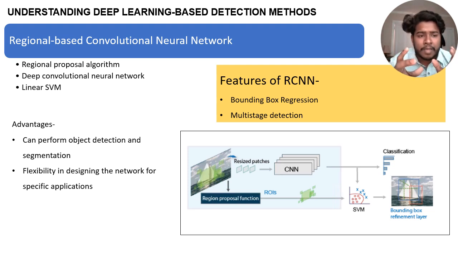and then for the extraction of the features we forward these regions to the CNN, which extracts the features, and then a linear SVM does the classification from the images. This method has different features like box regression and multi-stage detection.